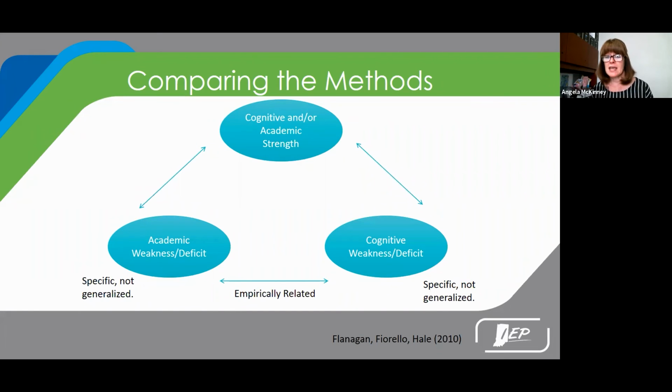Or to make a good case for why something is a learning disability, showing that I'm using something real, something research-based, something to show you that it's not just me and my opinion about whether a student qualifies.